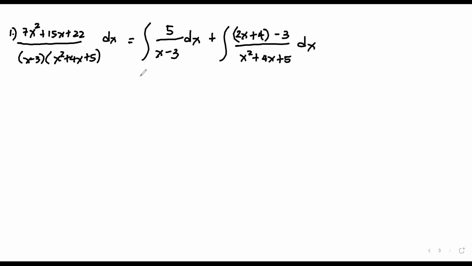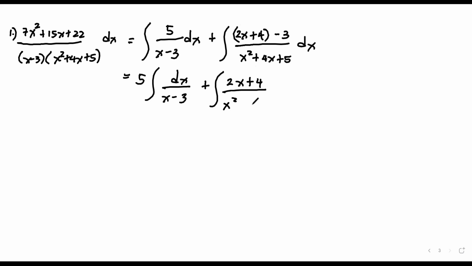So we will have 5 integral of dx over x minus 3 plus the integral of 2x plus 4 over x squared plus 4x plus 5 dx minus 3 integral of dx over x squared plus 4x plus 5. So we'll have again du over u.